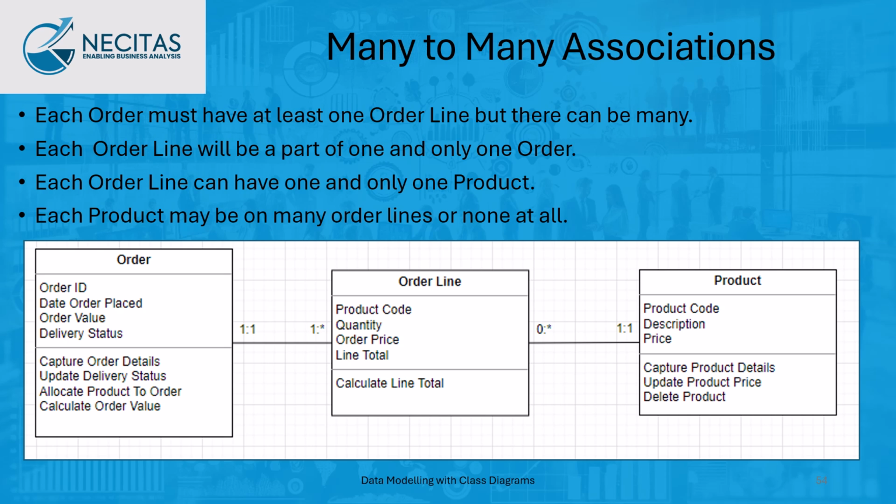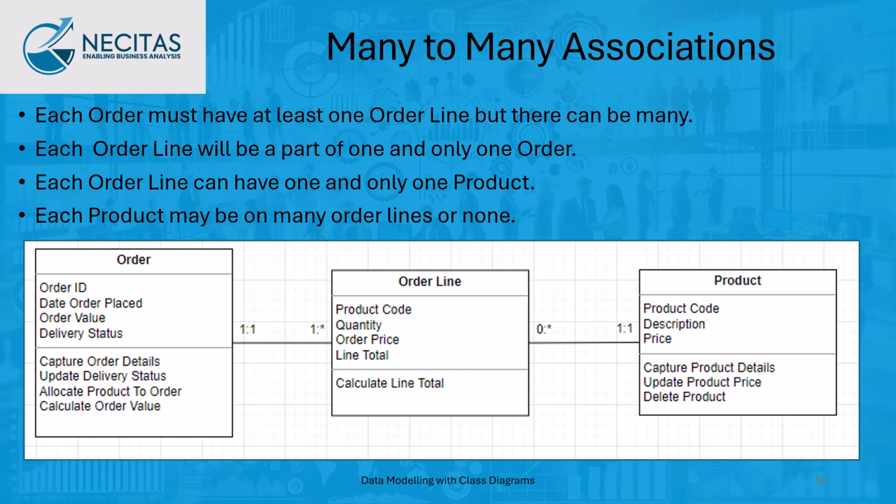For the new order line class, we have attributes for product code, quantity, order price, and line total, with the operation being calculate line total. Finally, for the product class, we have attributes for product code, description, and price, with the following operations: capture product details, update product price, and delete product.